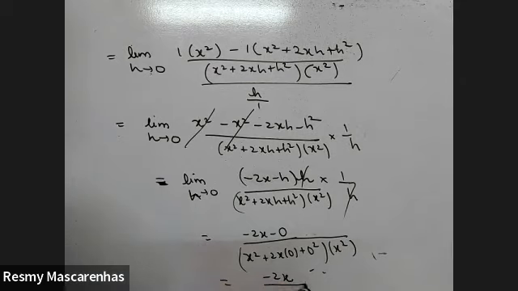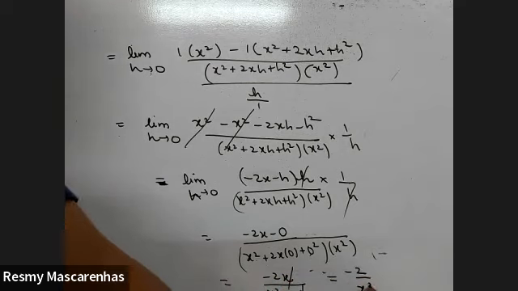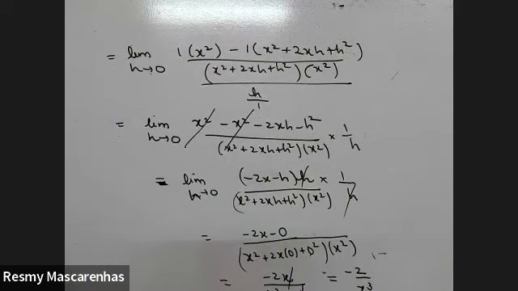Minus 2x, this will be anyway 0, x square into x square. So 1 x will cancel. So the answer is minus 2 upon x cube. X square into x will give me x cube. Okay, so that is the answer.